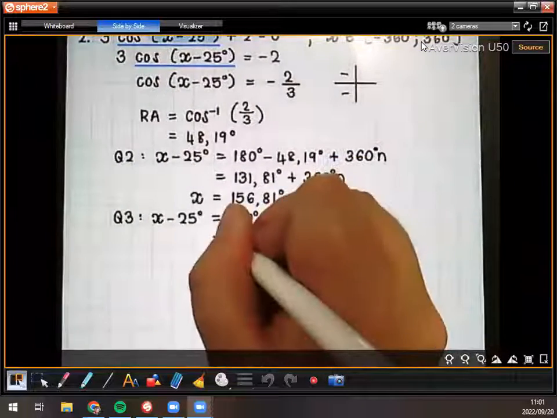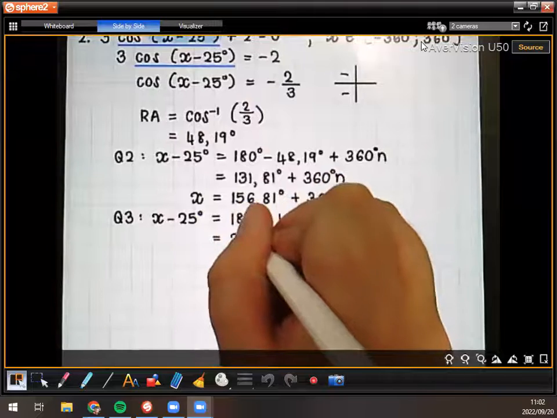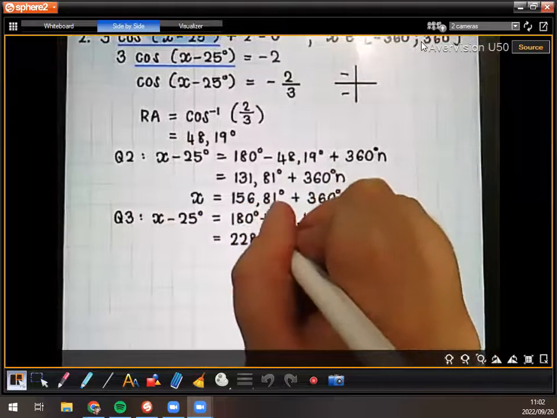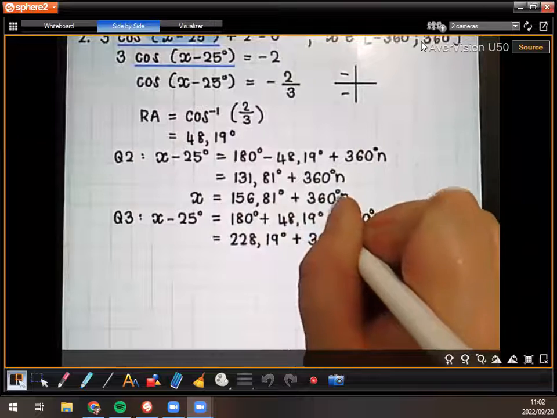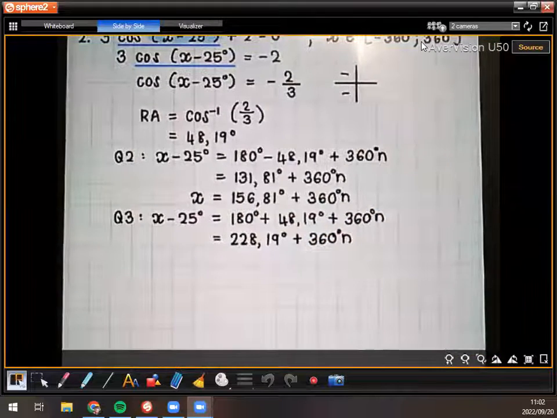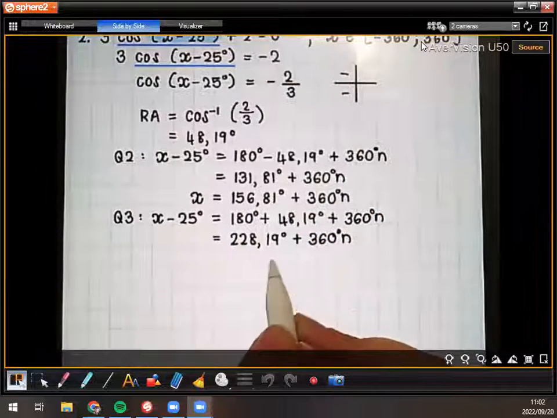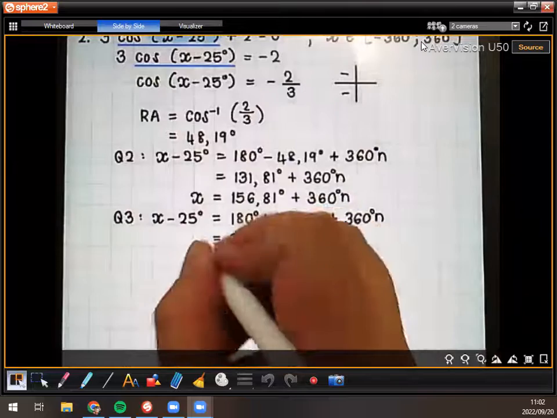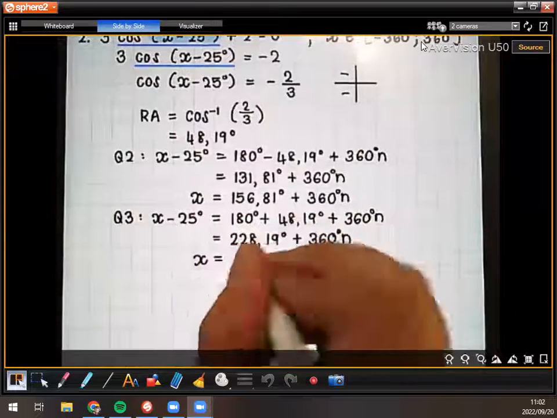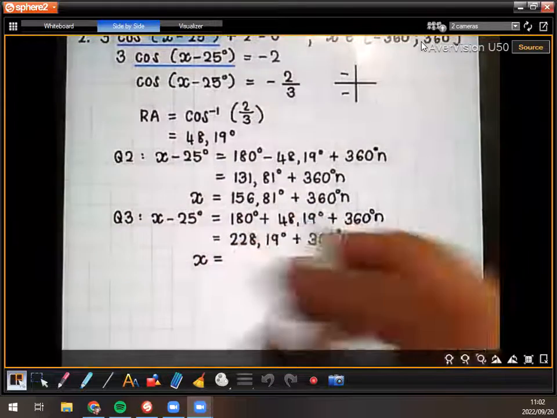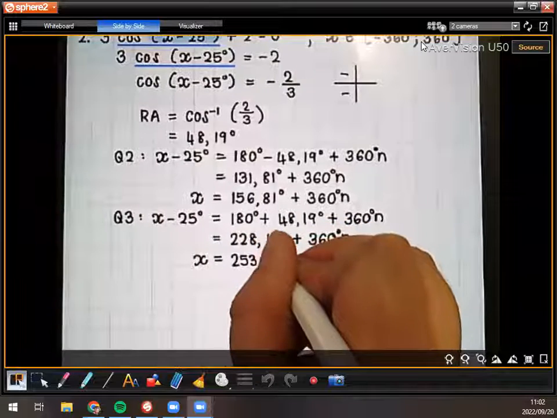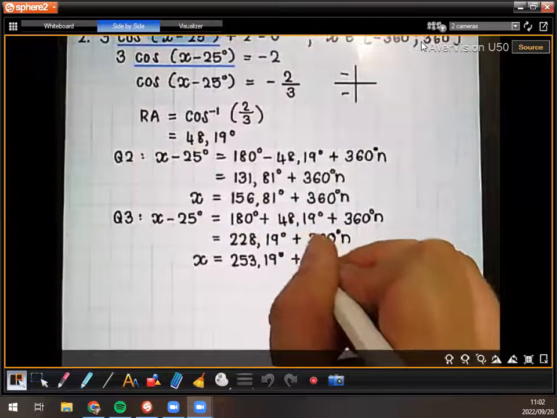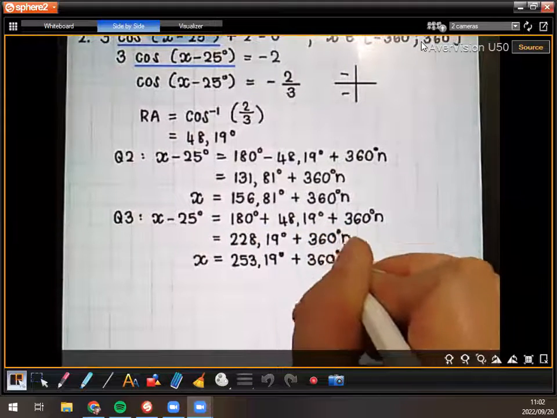Didn't really have to type that into the calculator, but it's fine. 228.19 plus 360n, and again, the opposite of subtracting 25 is adding 25. So to get x on its own here, I need to add 25, so that is 253.19 plus 360 degrees.